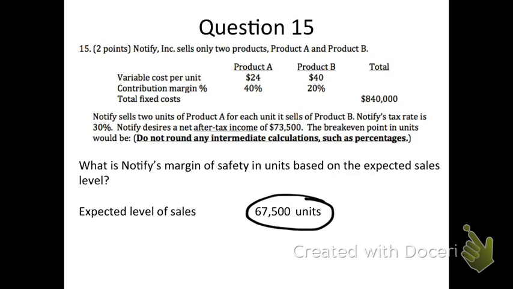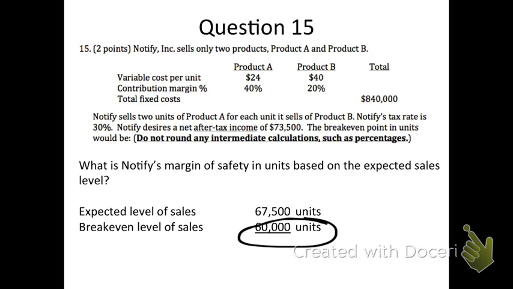So what you need to do is know what the break-even level of sales is. And so the break-even level of sales is 60,000 units, which you have to calculate. I'm not sure why I have this here, but you can actually determine that if you do your contribution margin per unit, or however you want to do it. You can calculate break-even sales.